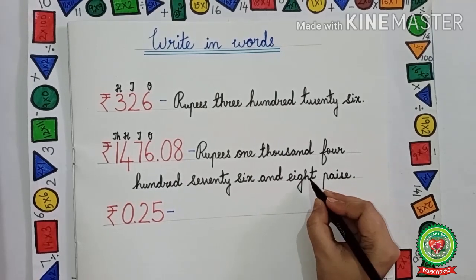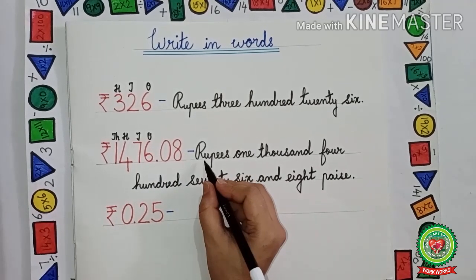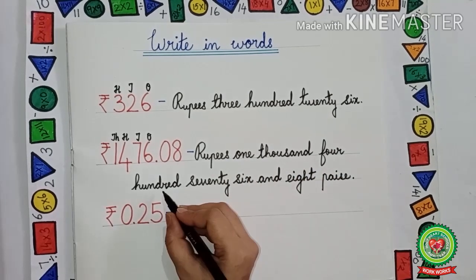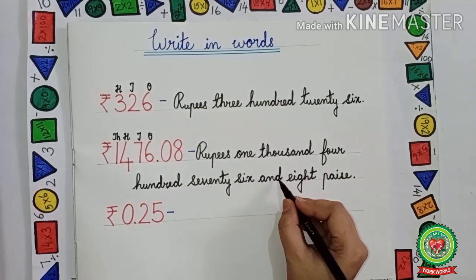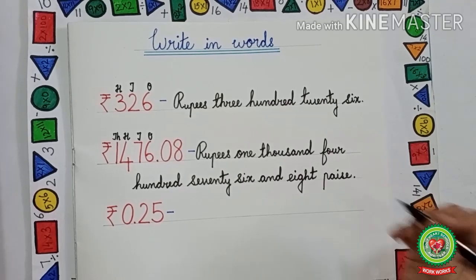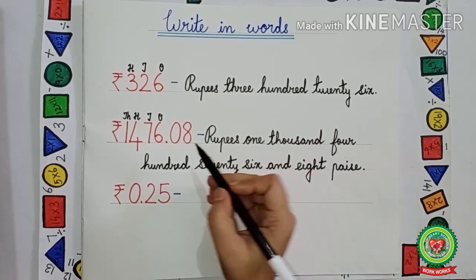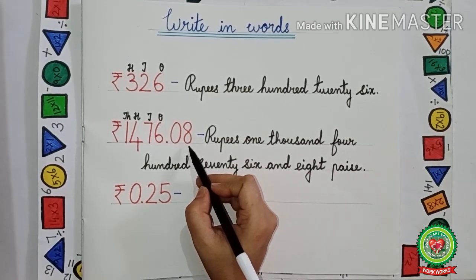So let us read what is the amount. Rupees 1476 and 8 paise.